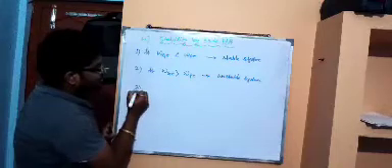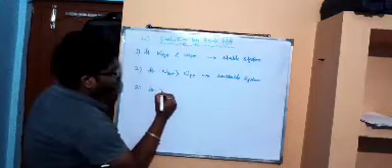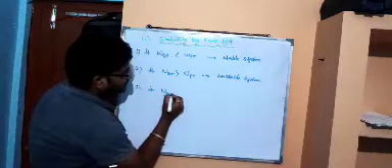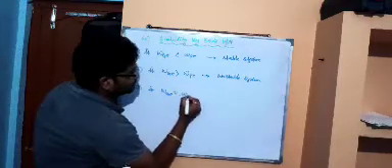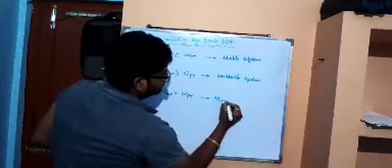And a third condition may be there. If omega GC, that is the gain crossover frequency, is equal to the phase crossover frequency, then we can comment that it is a marginally stable system.